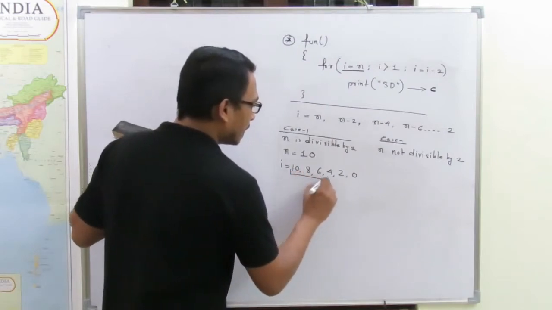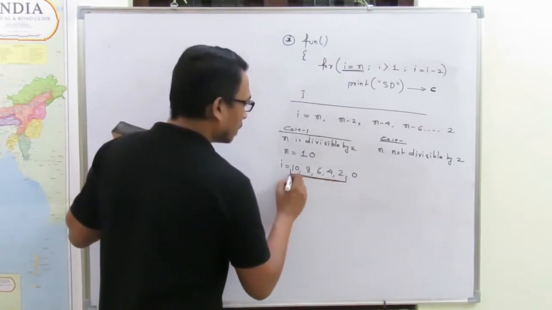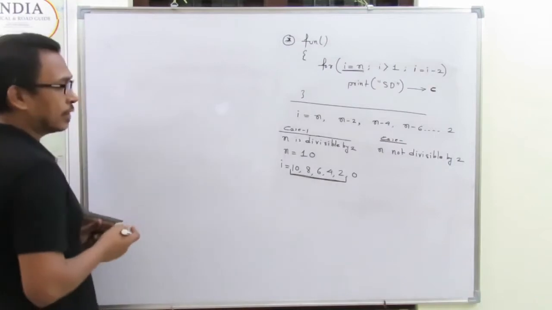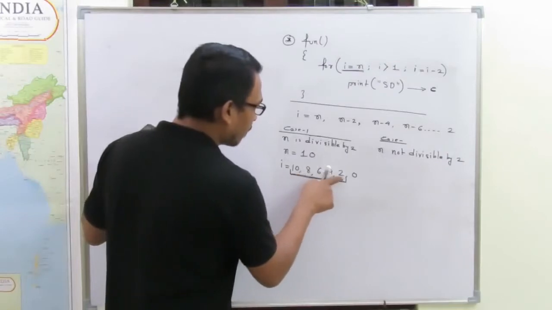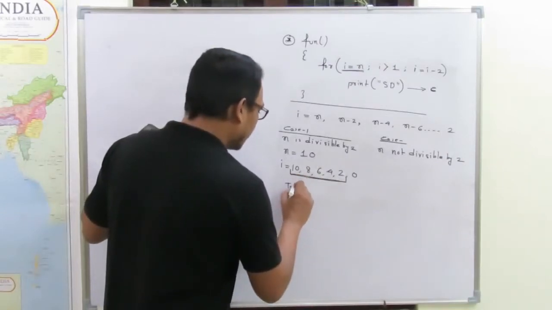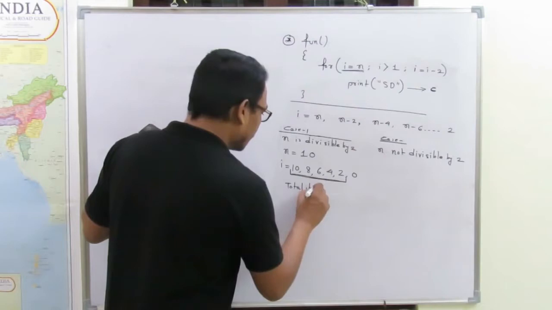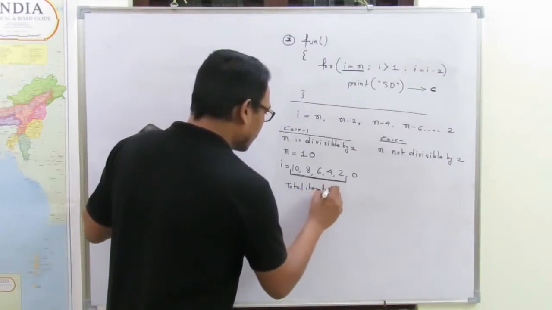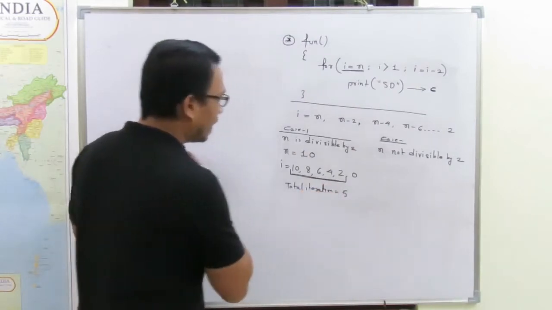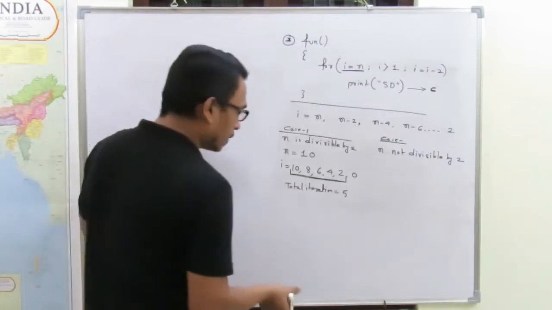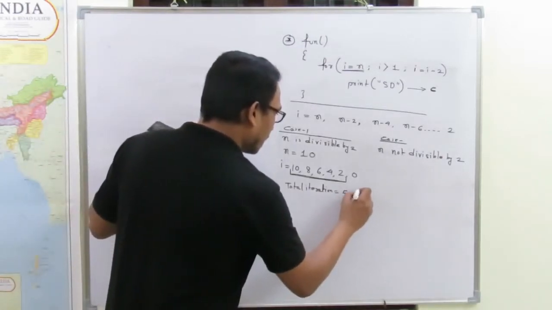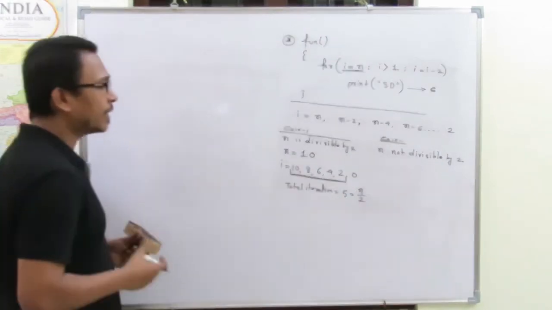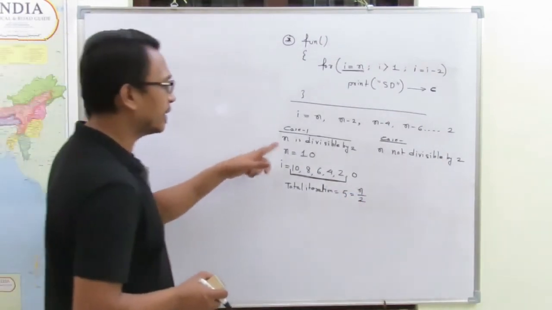For all of these values the iteration will execute. So how many iterations are there? There are 1, 2, 3, 4, 5. Total iterations is 5, and that is n by 2.